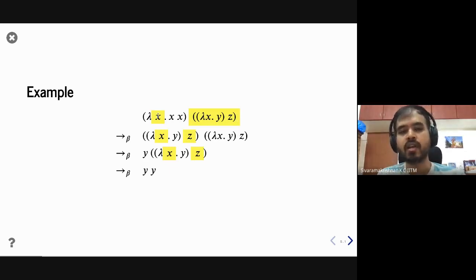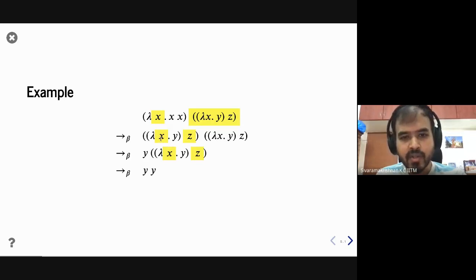Here I've chosen to substitute for x this whole term. I can do one step of beta reduction. Because the body of the term is xx, this term is duplicated twice. Wherever x occurs here, replace this whole term, once and again for the second x.